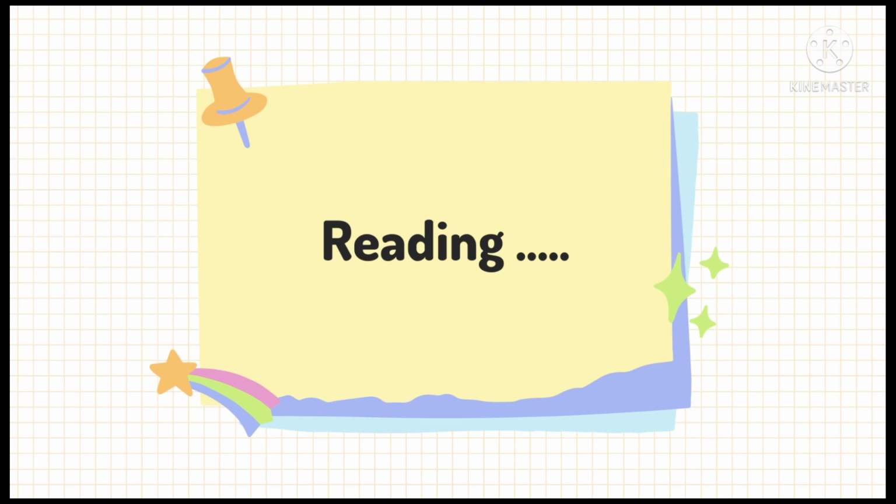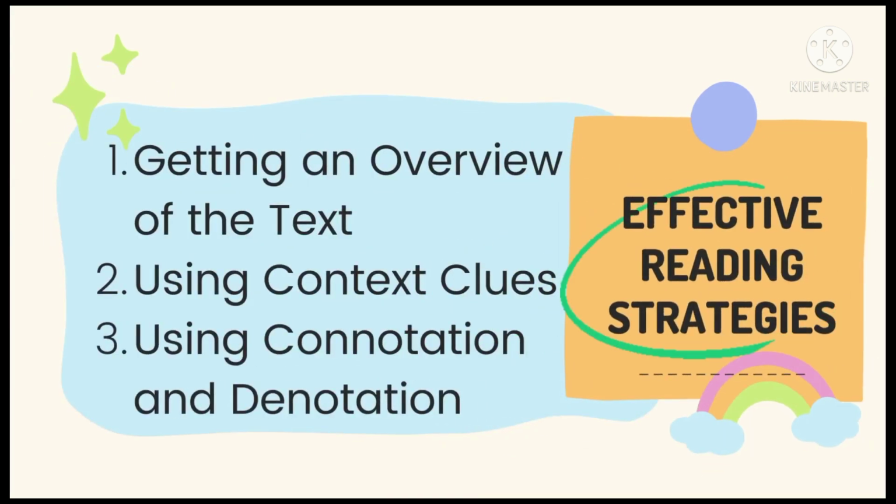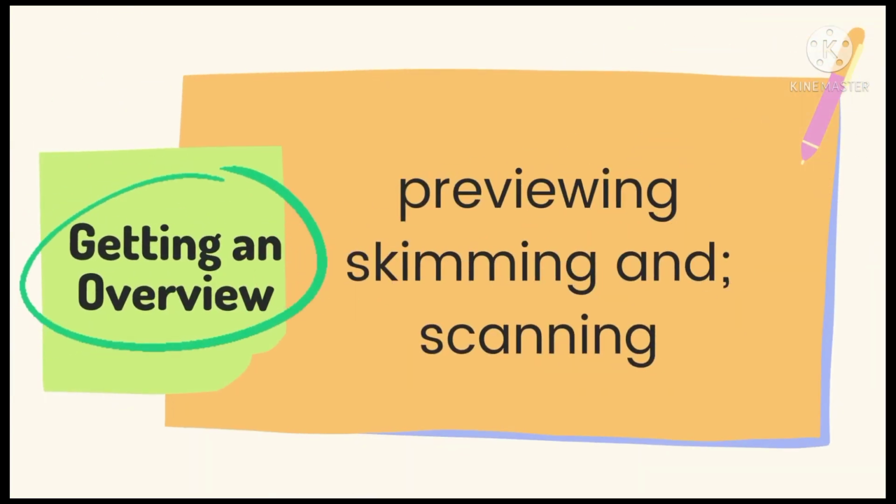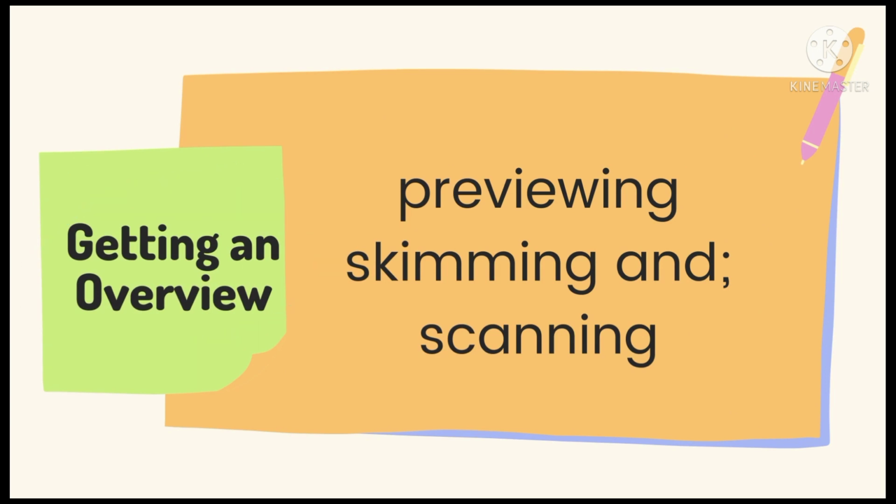To sum up the things that we've discussed in this session, we have reading and the effective reading strategies, which are getting an overview of the text, using context clues, and using connotation and denotation. Under getting an overview of the text, we can use different strategies like previewing, skimming, and scanning.